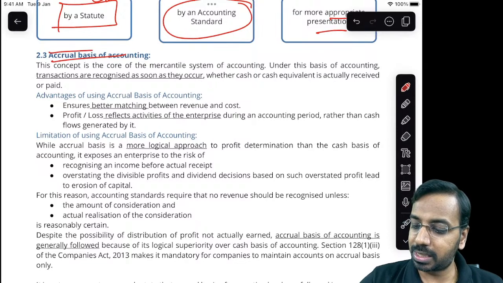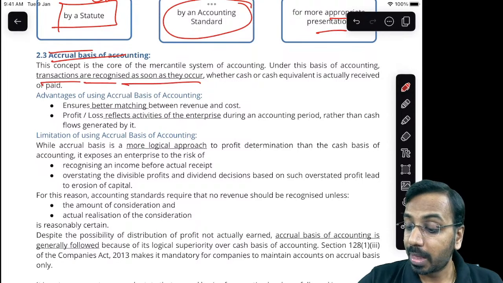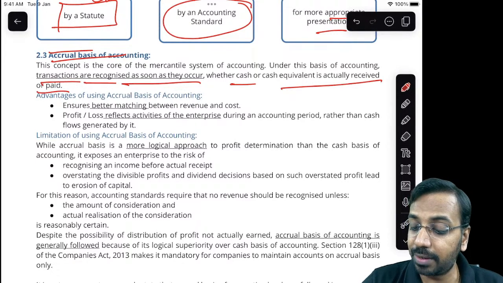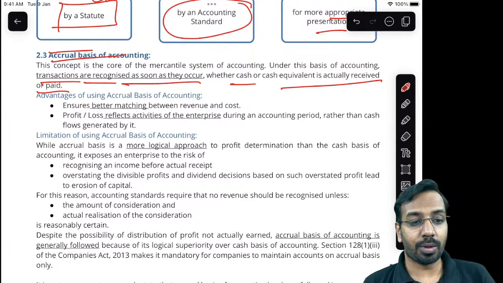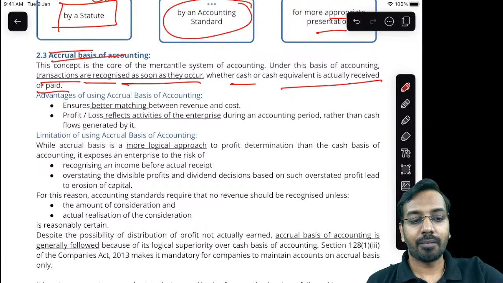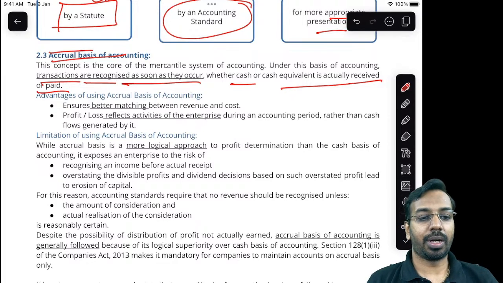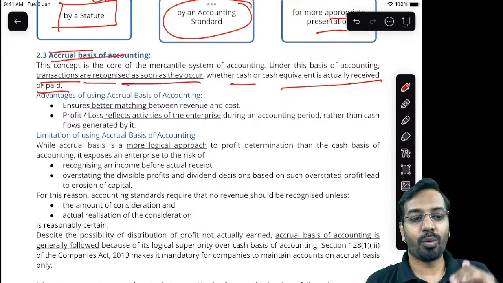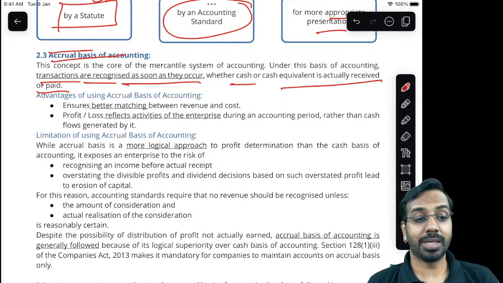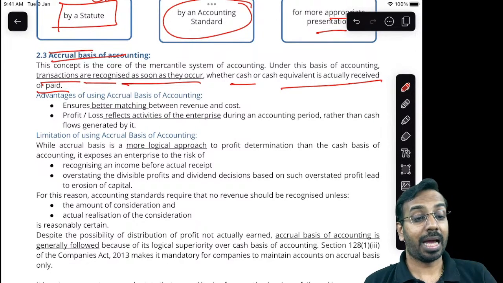So when we say accrual basis of accounting, transactions are recognized as soon as they occur, whether cash is actually received or paid. So in cash basis of accounting, I will account for a transaction when I make a payment of cash or when I receive cash. In accrual basis of accounting, I will not account for transactions on cash basis. I will account for the income when I have earned the income.